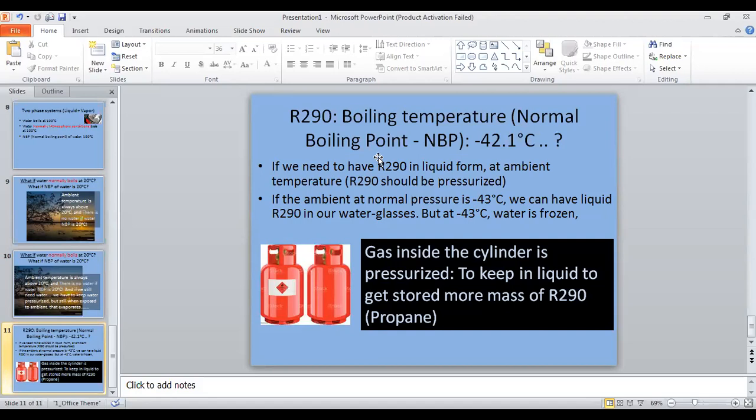Oxygen under normal pressures, normal ambience, is in gas form, because the normal boiling point of oxygen is also very low. So whenever the normal boiling point is lower than ambient, it's in gas form. What's the normal boiling point of pentane?